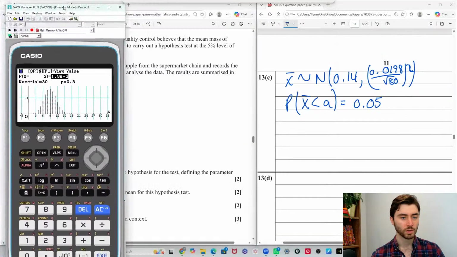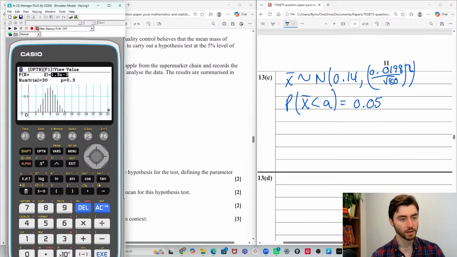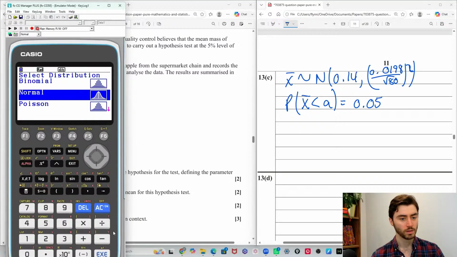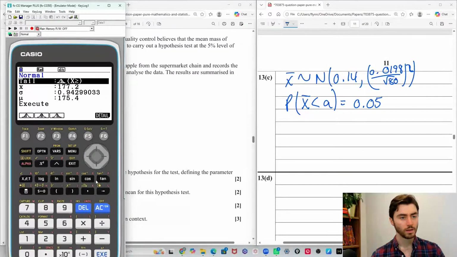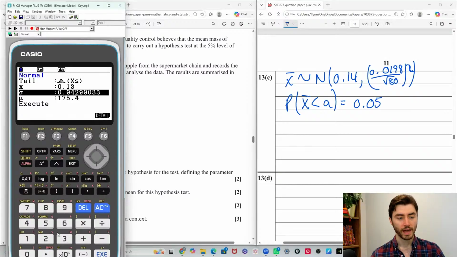Any distribution work I'm going to bring over here. Exit, normal, go. Okay, so I think what we do here, first of all, let's set it to lower tail. Let's say X is, I don't know, 0.13. That is 0.0198 divided by the root of 80.